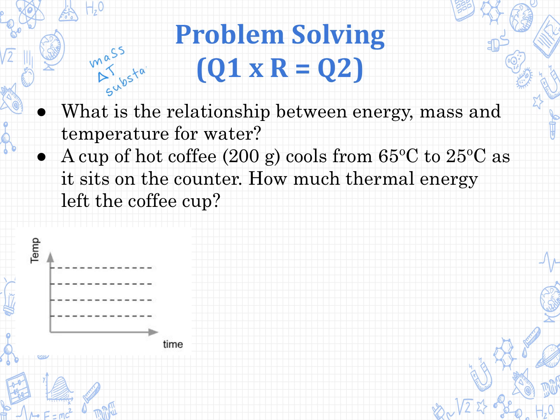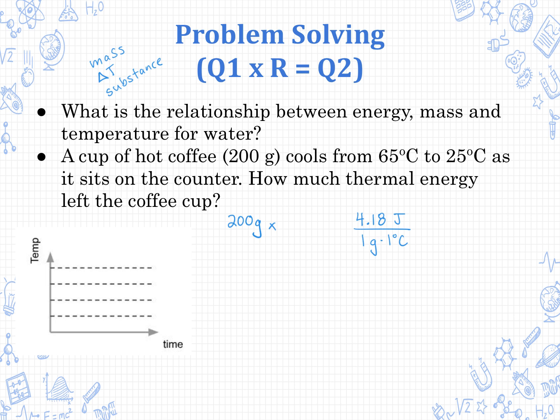So we are going to again stick with water for now, but if we had a different substance, this relationship would work the same way, but it would just be a different value. So for water, there's 4.18 joules required for 1 gram to go up 1 degree Celsius. But in this problem, instead of 1 gram, we've got 200 grams. So we need 200 times as much energy.